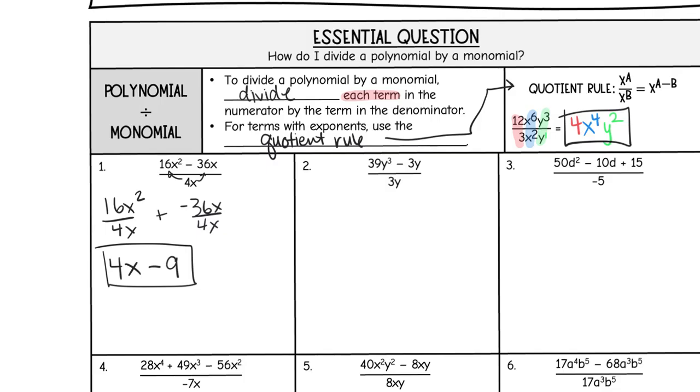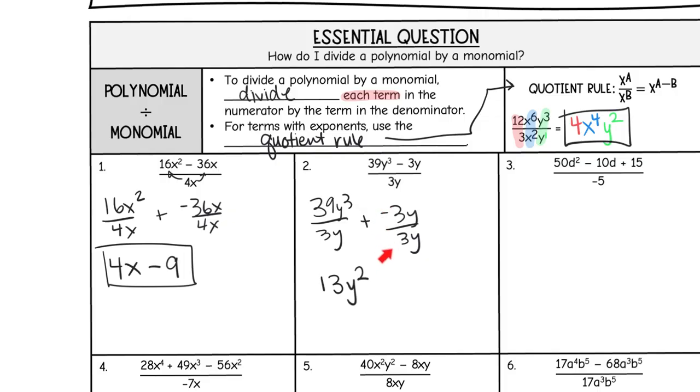Okay, again, for number 2, I have to divide every single term. So 39y cubed divided by 3y, plus negative 3y divided by 3y. Okay, so when I divide 39 by 3, that gives me 13. And y cubed divided by y, 3 minus 1 will give me y squared.